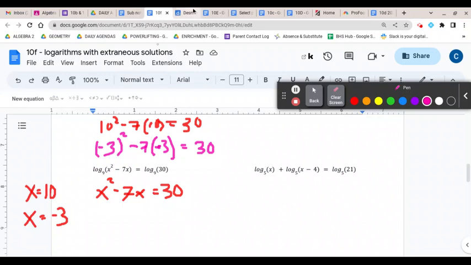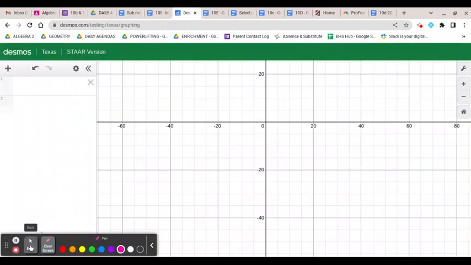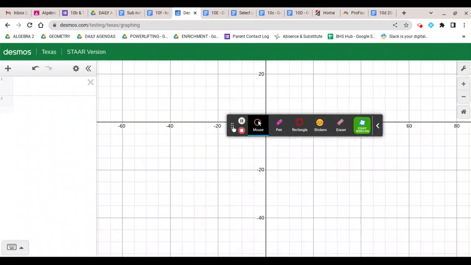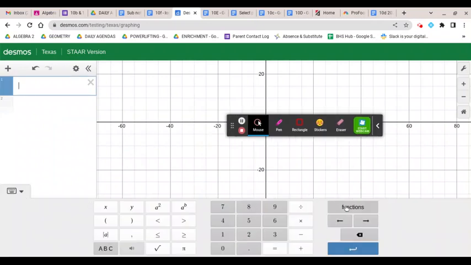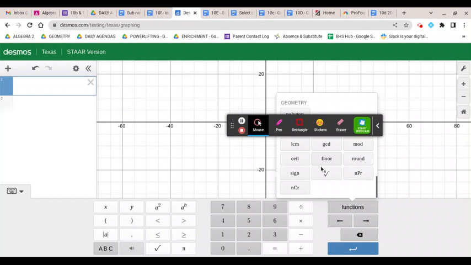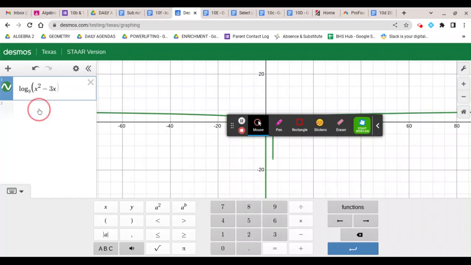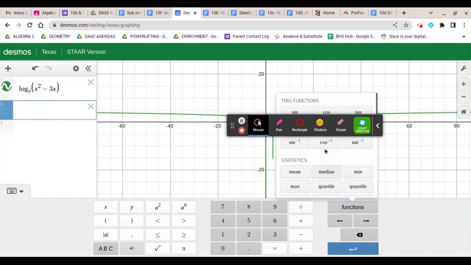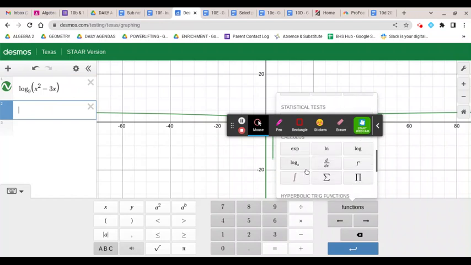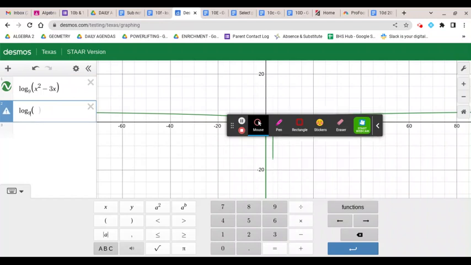If we go to graph it, where is it? Okay. So we have log base 9 of x squared minus 3x. And then we come down here, we have log base 9 of 30.